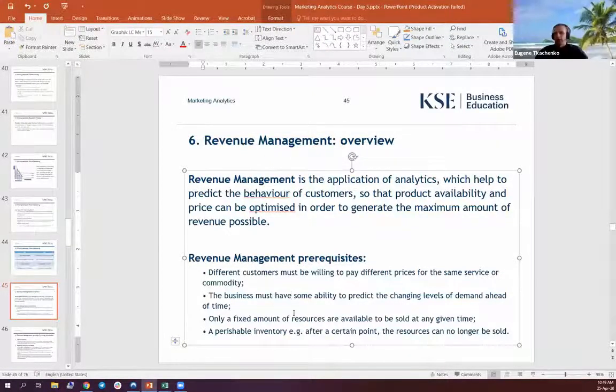So it's a kind of operational marketing or operational activity in order to make sure that supply meets demand, or at least that you can satisfy the demand on the market to the top level your company is capable of. Plus, it's also really helpful to manage perishable inventory.